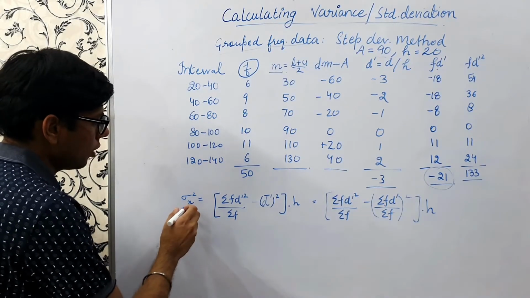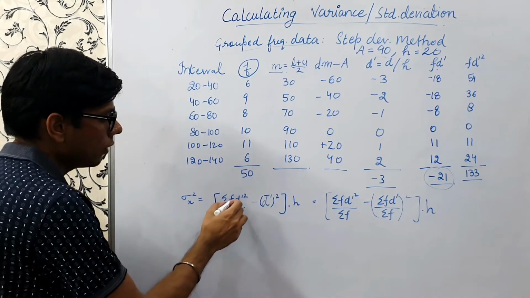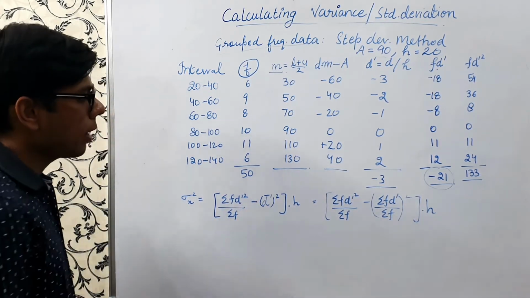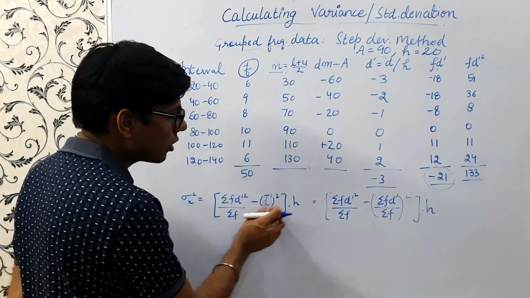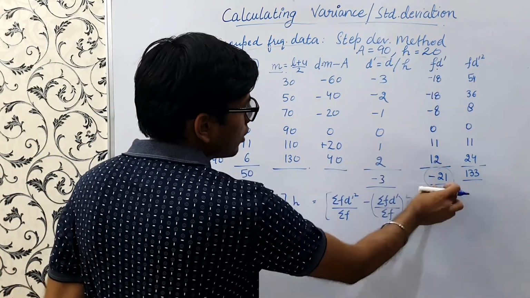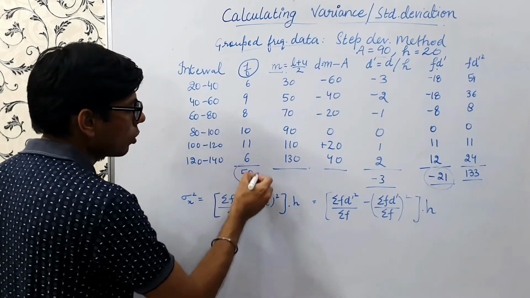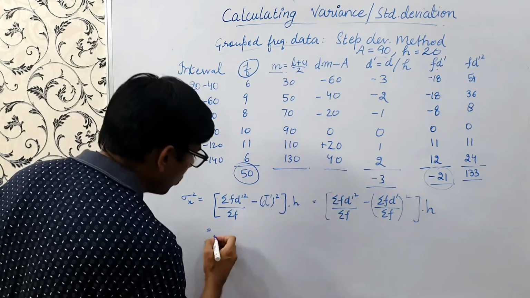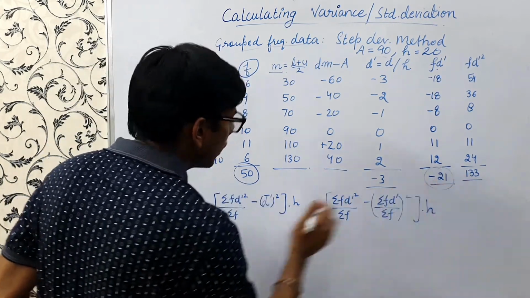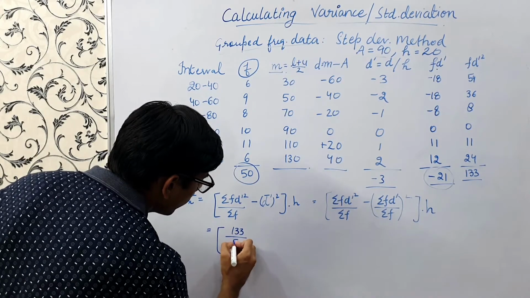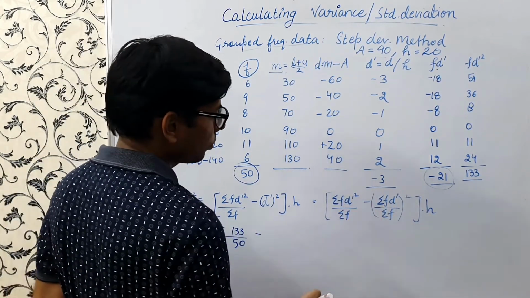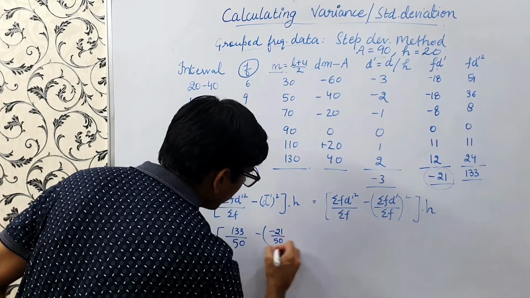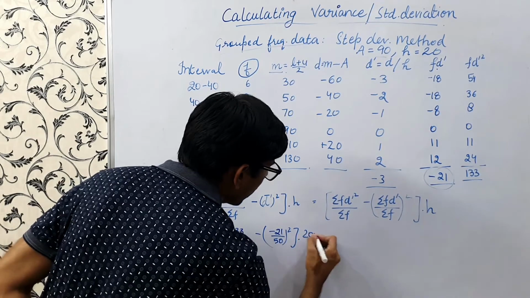So the sigma x formula is given by summation F D dash square upon summation F minus D bar dash square into H. So D bar dash is nothing but summation F D dash divided by summation F. And summation F, total number of observations here are 50. So if we put the values here, this is nothing but 133 upon 50 minus minus 21 upon 50 square into H is 20.